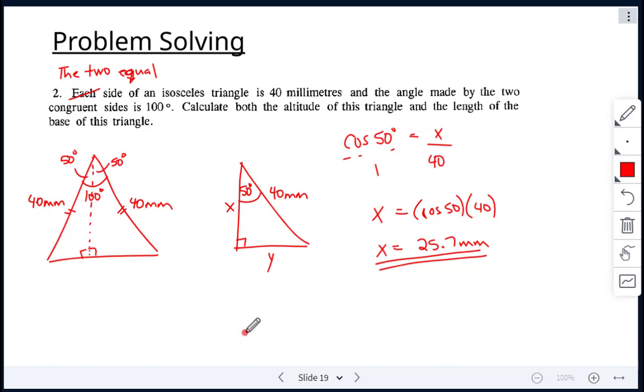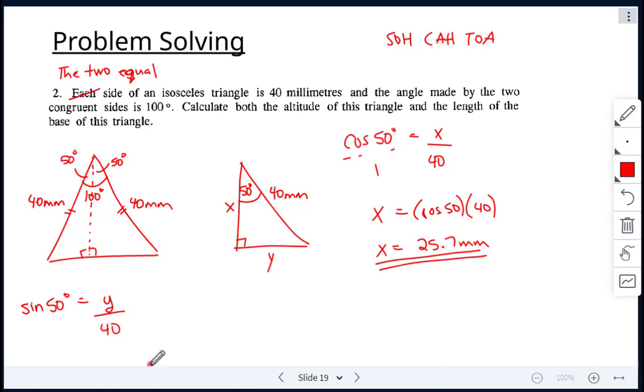Next, we need to solve for y. So solving for y, knowing we have 50 degrees here, we're solving for opposite, and we know our hypotenuse. So opposite and hypotenuse, we would use sine. So sine 50 degrees is equal to opposite, which is y, over hypotenuse, which is 40.